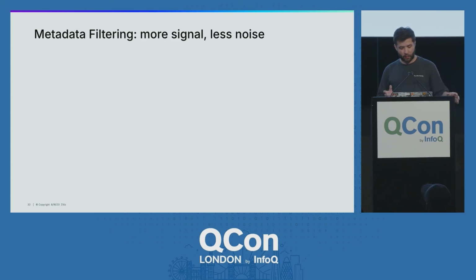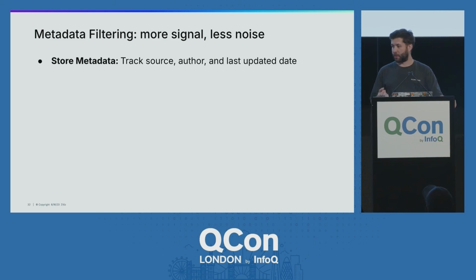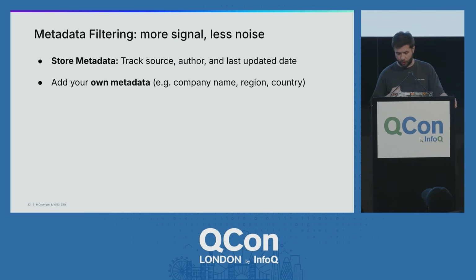I already mentioned it quickly, but metadata filtering is also extremely important. You're going to have more signal, you're going to have less noise. What you can do is store metadata yourself. You can track the source, the author, when it was last updated. Then you can also add your own, like the company name, the region, the country. You can add all of those.